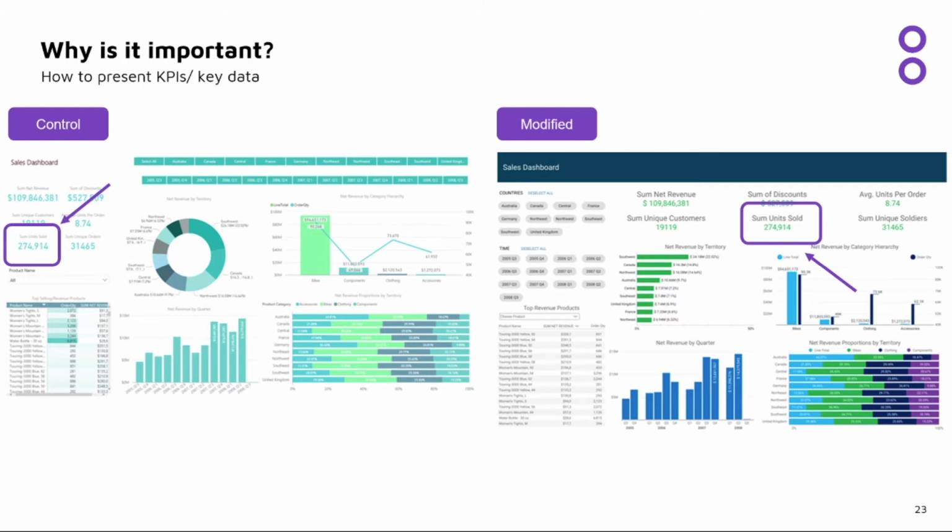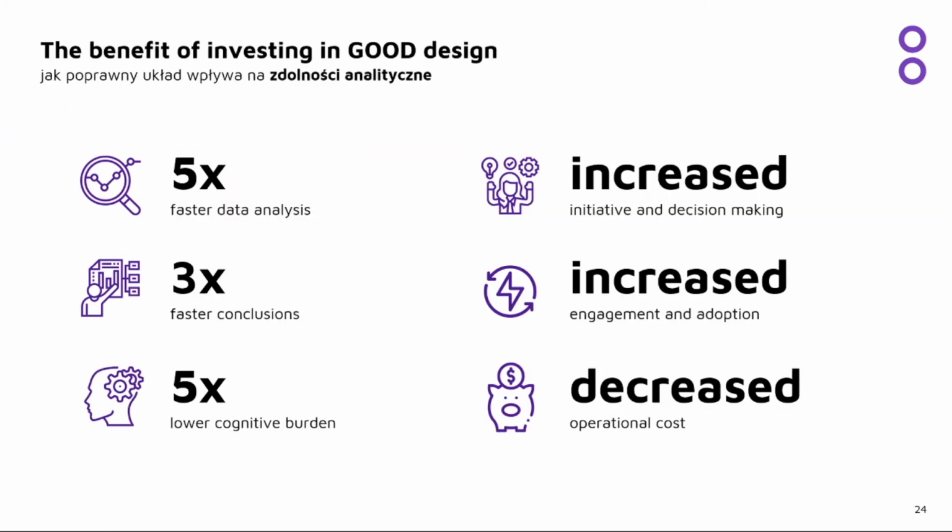Simple as that. So essentially, what you can get from these well-designed dashboards, what we get from the research actually, so this is not our guess, it's 5 times faster data analysis. It's 3 times faster conclusions, so you can make decisions faster. 5 times lower cognitive burden. This is very, very important.